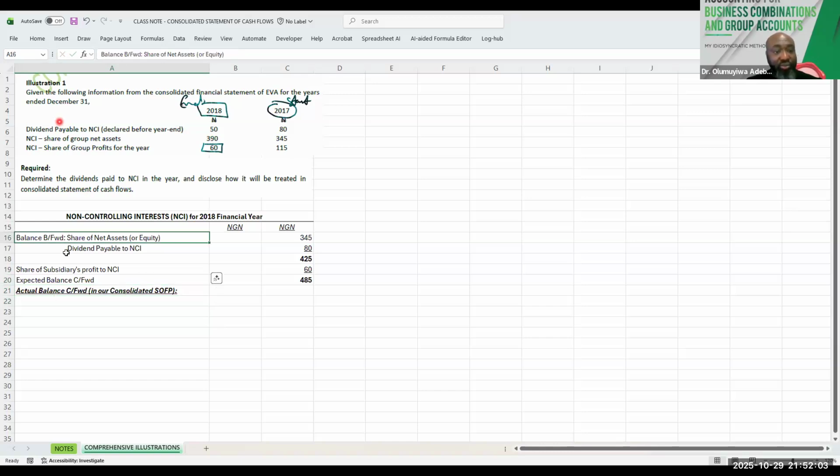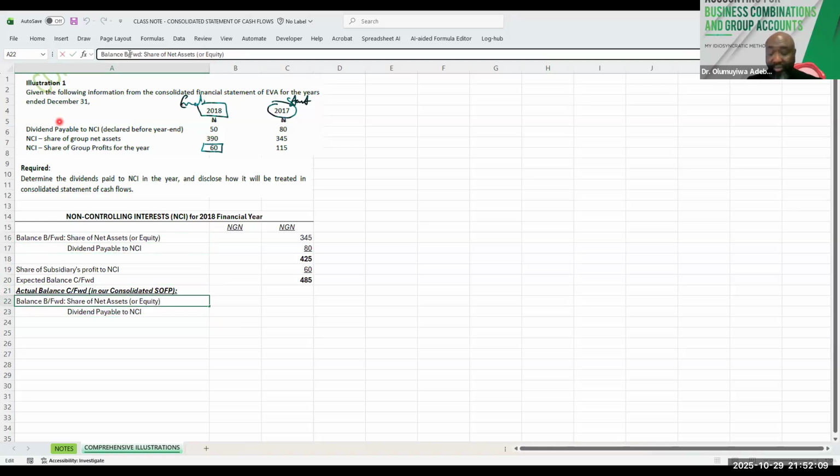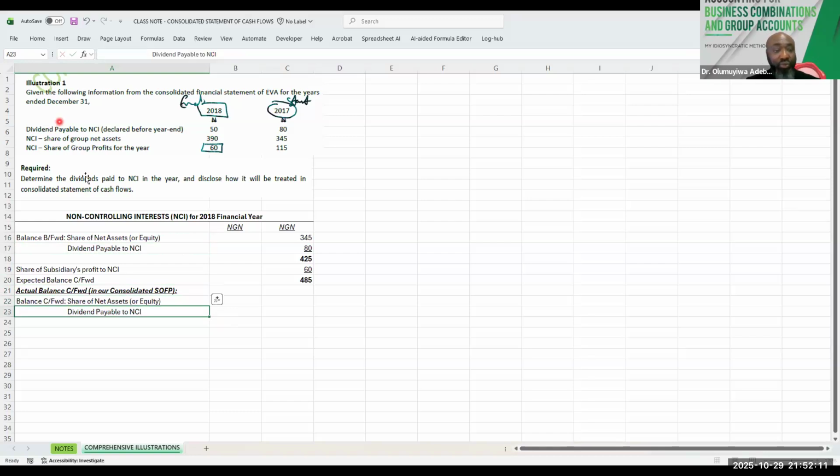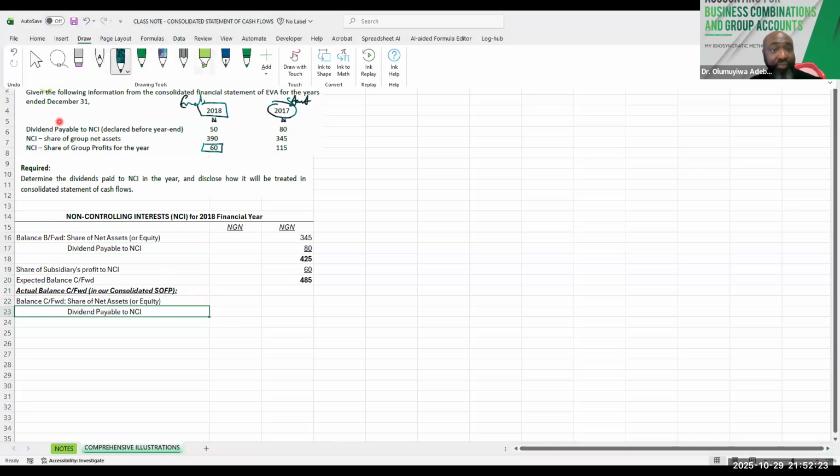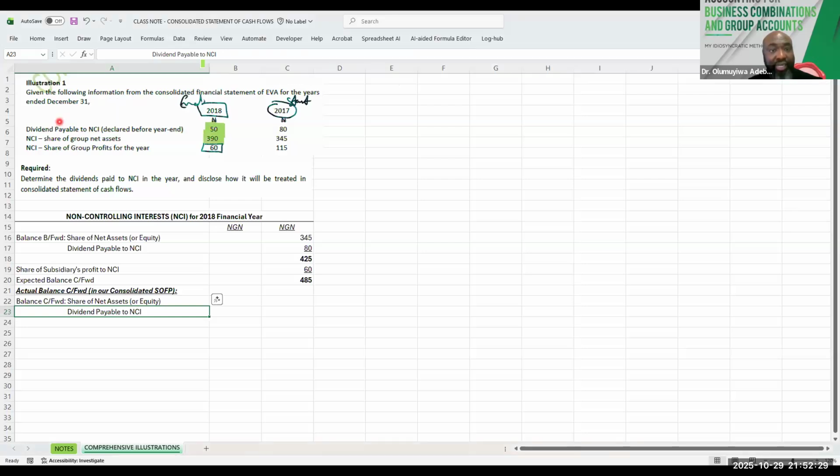They constitute the same item here, meaning that I'll change brought forward to carried forward. What is the balance at the end of the year? At the end of the year, if I could highlight it, it is 390 and 50.